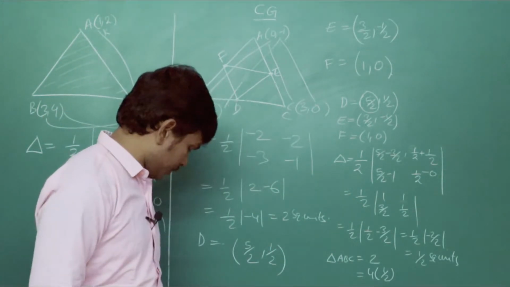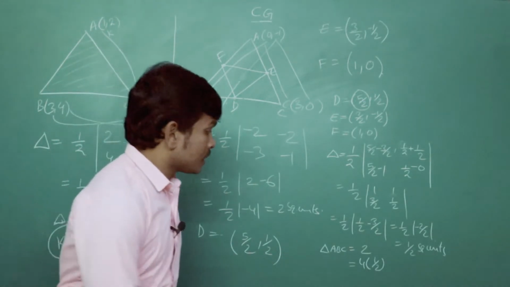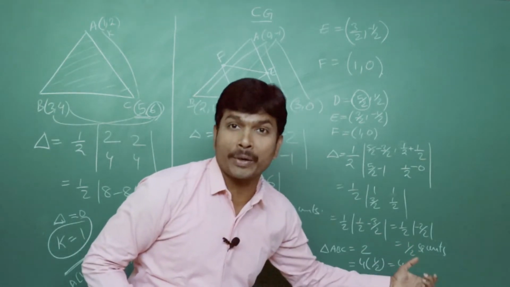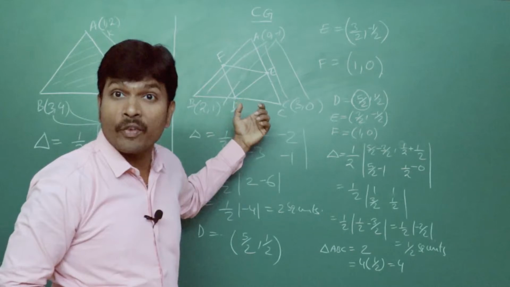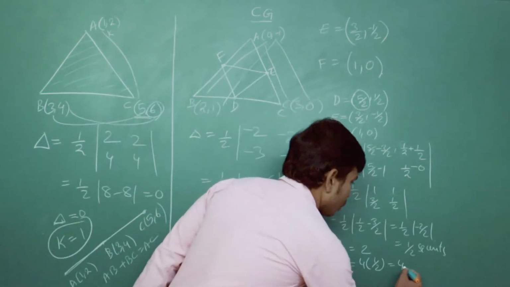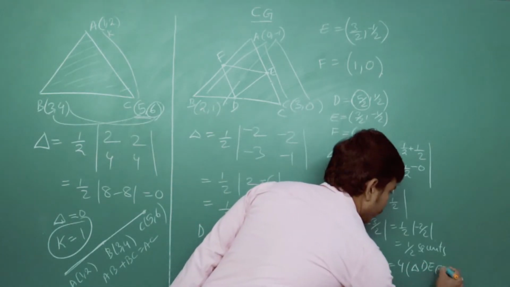We can write it. That is equal to 4 times 1 by 2, and 1 by 2 is the area of triangle DEF formed by the midpoints of triangle ABC. So it is 4 times the area of DEF.